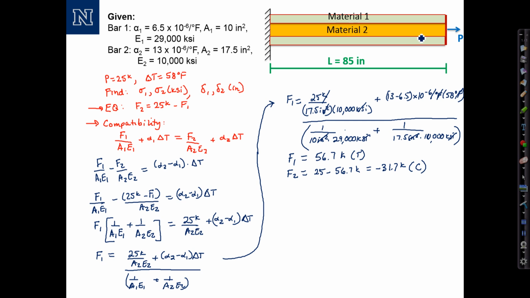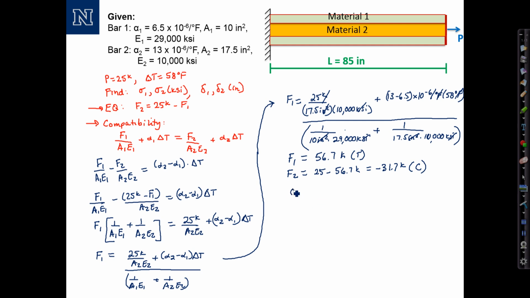What's going to happen in that case is that bar 1 is going to pull back on bar 2, causing bar 2 to be in compression. Well, bar 2 pulls forward on bar 1, causing it to be in tension. So those balance each other out, and that's why we see tension in one and compression in the other.